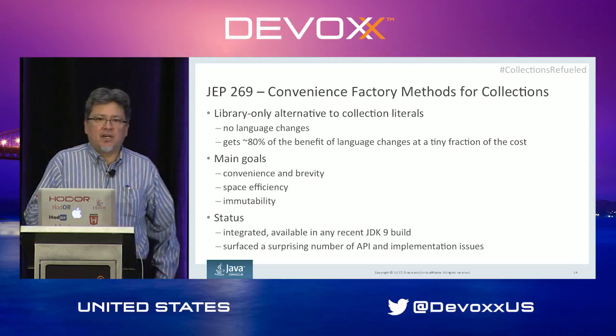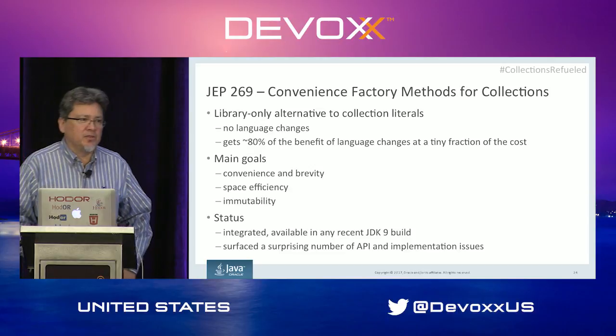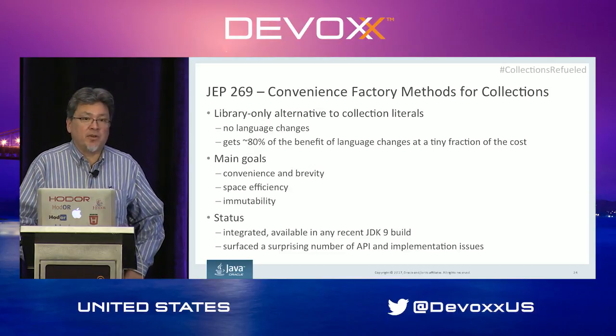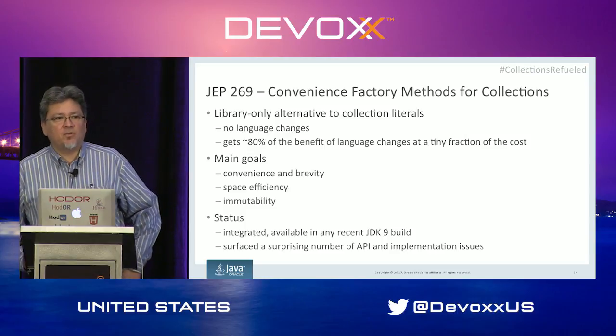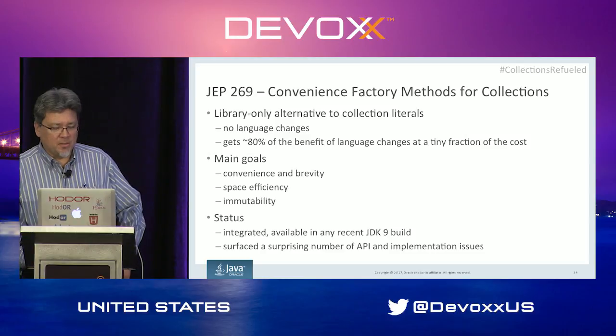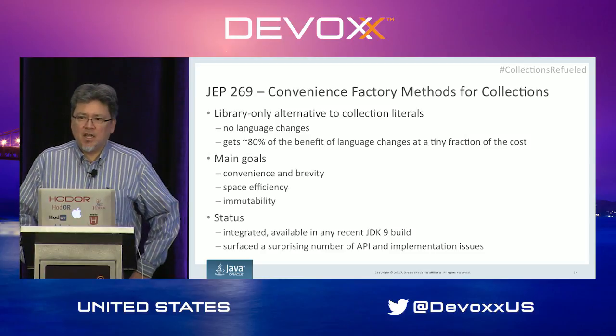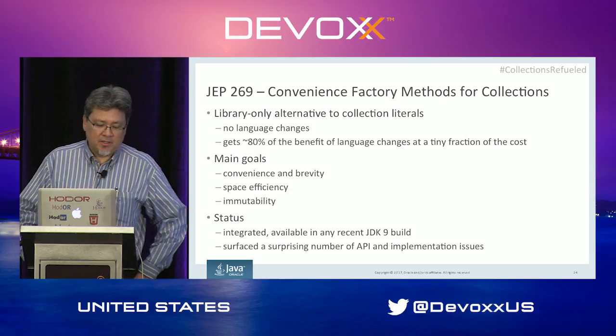We didn't have to make any changes to the JVM or the programming language or the compiler or anything. They're just new library APIs. And they're pretty useful. There are a few cases where it would be nice to have language support for it, but I'll talk about those in a minute. Otherwise, I think it came out pretty well, and they're quite useful, and I think you'll like them.